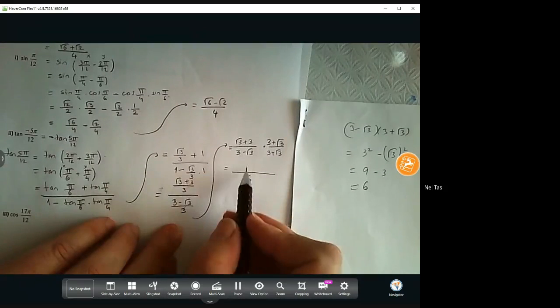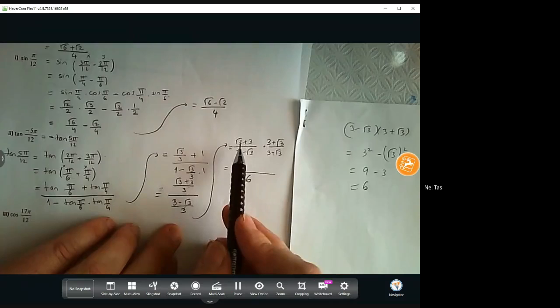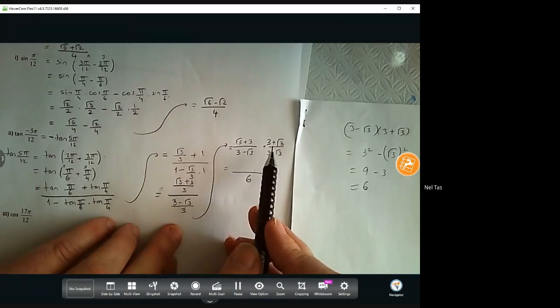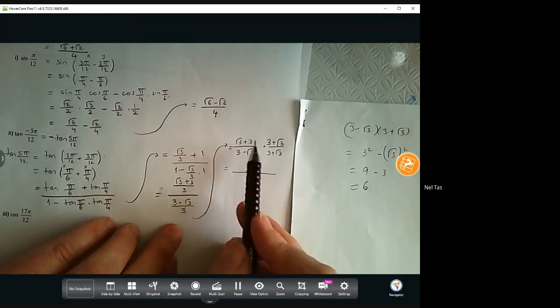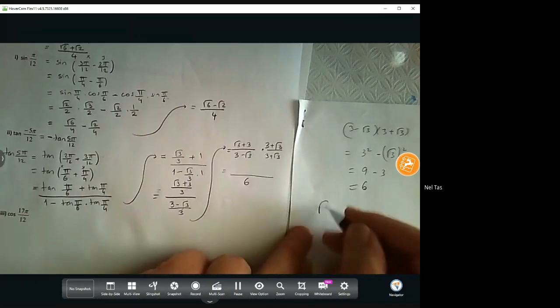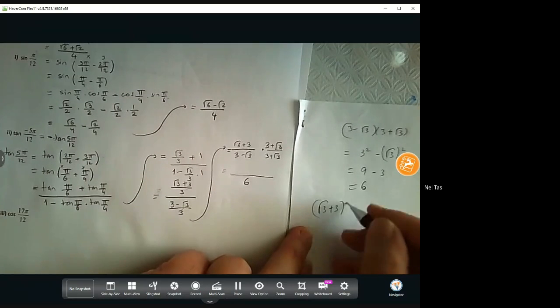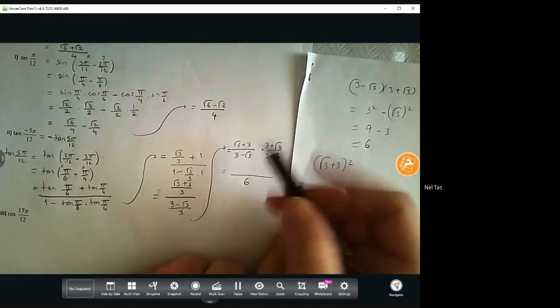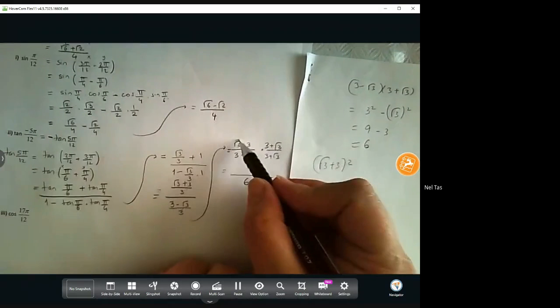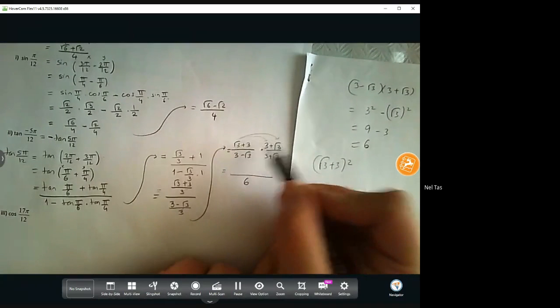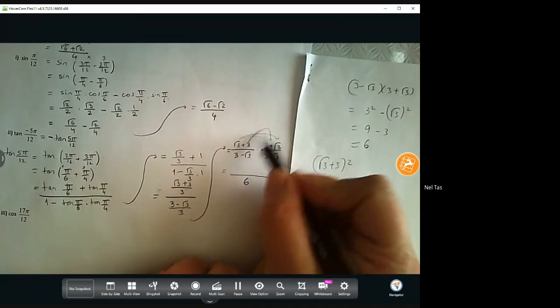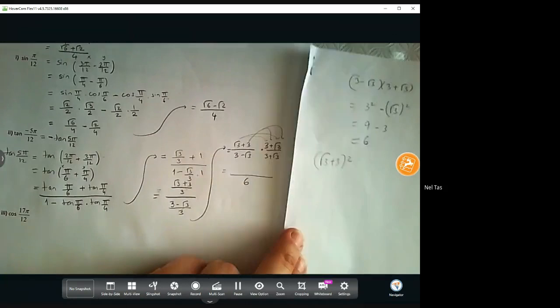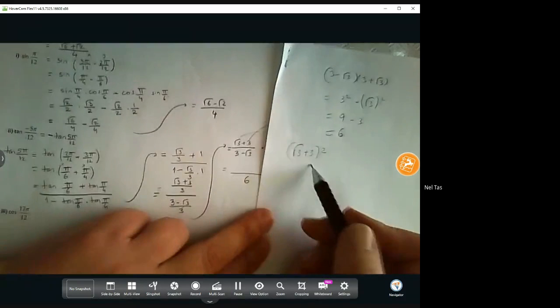So let's look at the numerator. You have root 3 plus 3 times 3 plus root 3. These are the same thing, so we are basically squaring root 3 plus 3. You can either do a FOIL and multiply each term, you know how to do FOIL, or you can use a shortcut.